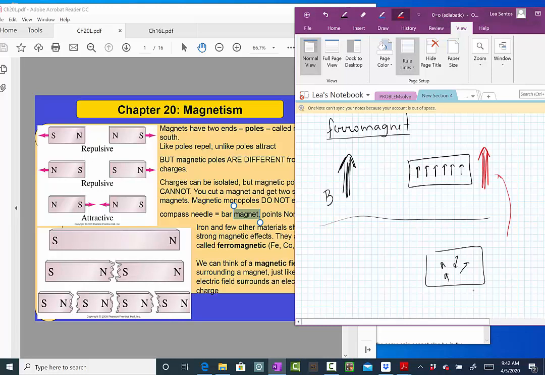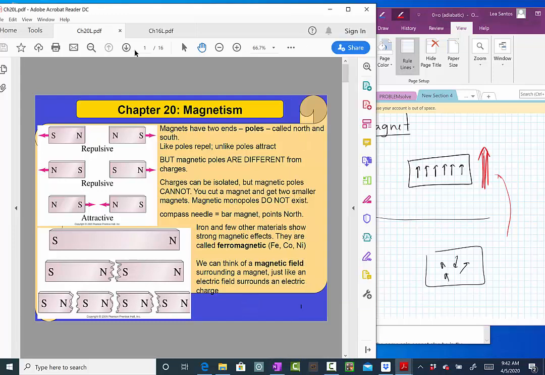So these materials that are easily magnetized, we put them close to a magnetic field, the spins of these electrons get all aligned, and therefore we get a net magnetic field. They're called ferromagnets. Okay, all right.